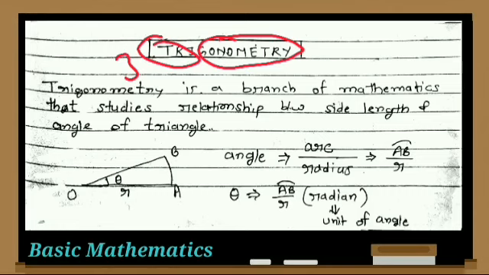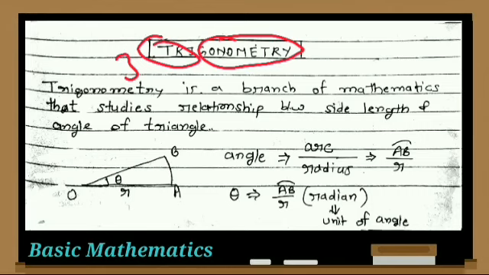Trigonometry is a branch of mathematics that studies the relationship between side lengths and angles of a triangle. That means it is the geometrical function which represents a geometry of three sides and angles.